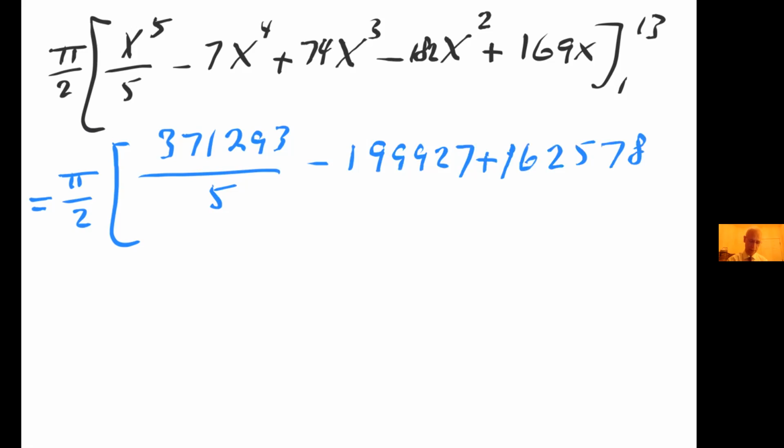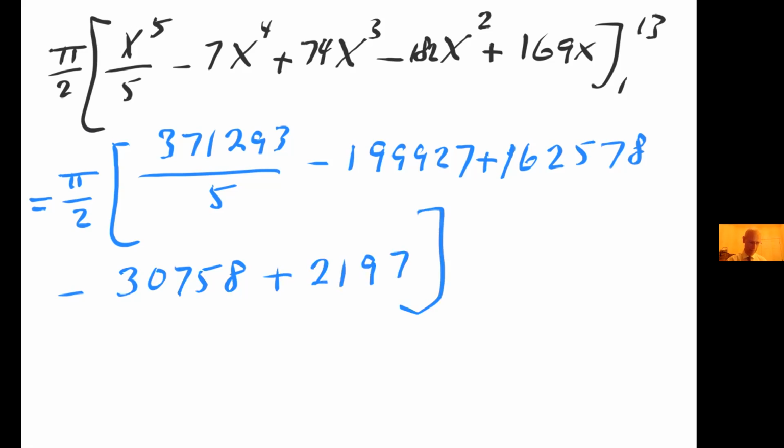Then I have minus 13 squared times 182. That gives you minus 30758. And finally, plus 13 times 169, 2197. Okay.